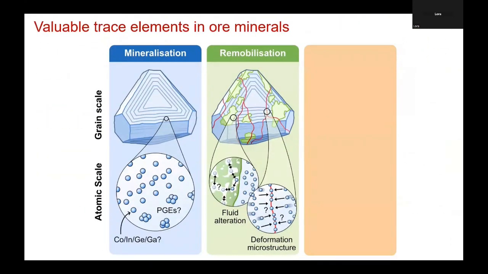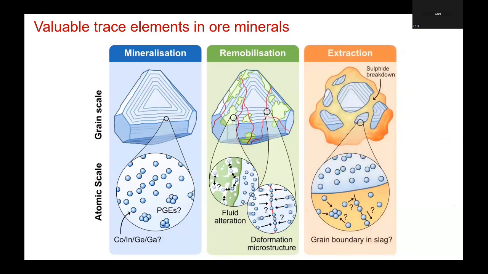I promised you I was going to show what was hidden behind there. And what it is, is more of a conceptual model that I've been thinking about lately, of how this approach of looking at the nanoscale of minerals could be useful for extractive metallurgy. So with our beautiful sulfide, it breaks down, you smelt it, but then where do the companion metals go in that process?